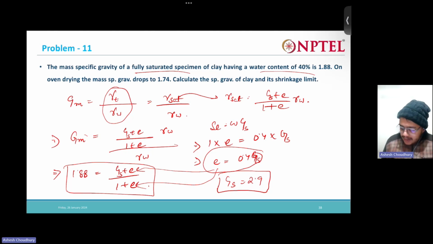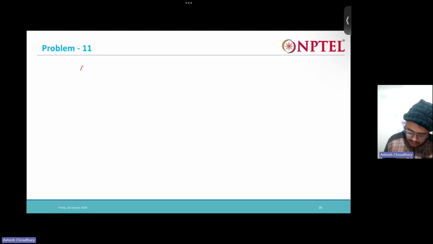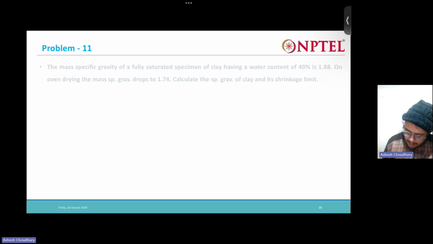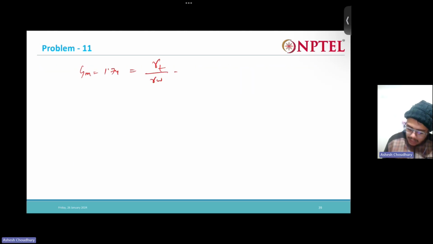Now the second part: on oven drying, the mass specific gravity drops to 1.74. That means the new mass specific gravity is 1.74. This is again gamma t by gamma W, and on oven drying t will be dry. So gamma d by gamma W is nothing but 1.74.